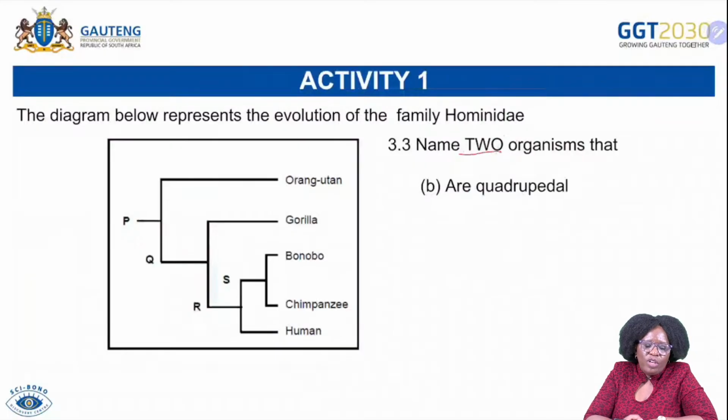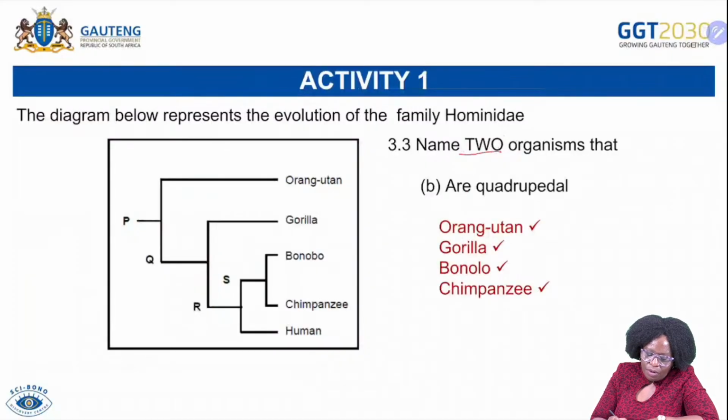You mention only two organisms that are quadrupedal. So which organisms are quadrupedal from this? We have the orang-utan, it's quadrupedal. We have the gorilla, quadrupedal, and we have the bonobo, that is quadrupedal. We have the chimpanzee, that is quadrupedal.